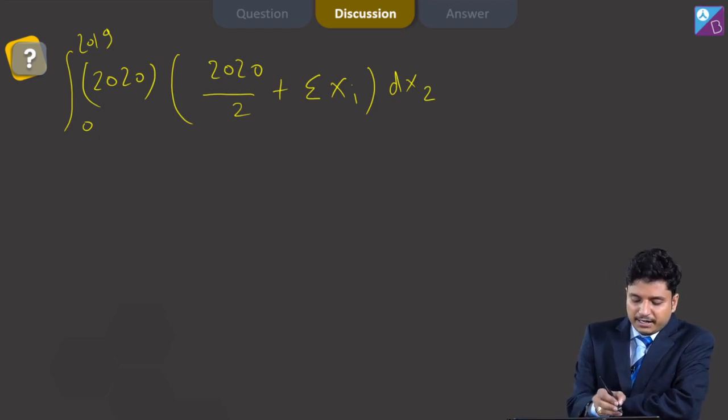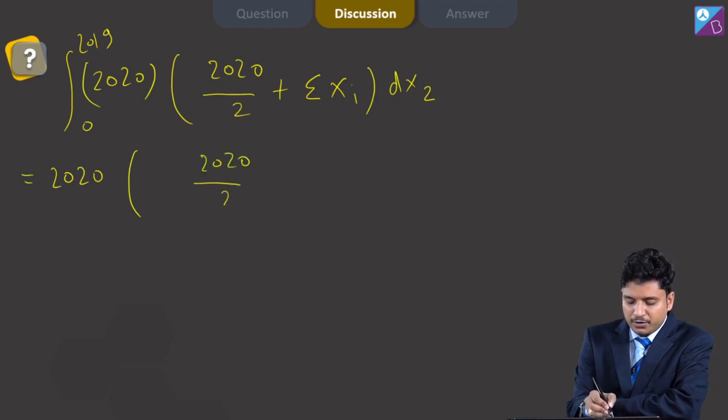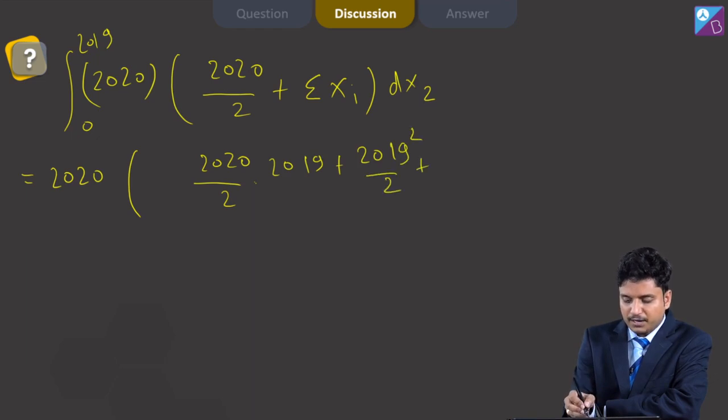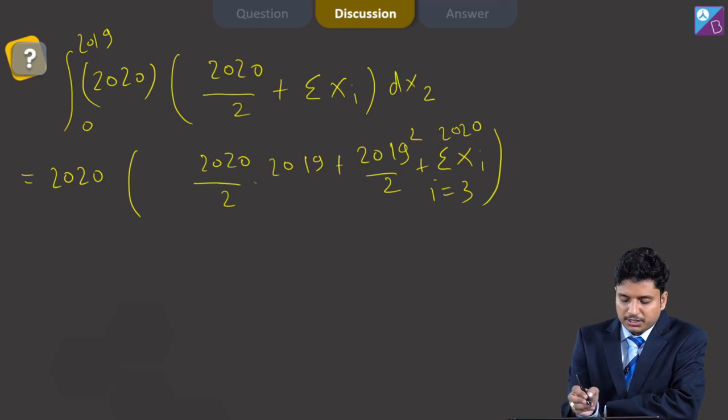Here 2020 is of course a constant term that will be outside. We get 2020 by 2 into 2019, plus x2 square by 2, which is 2019 square by 2, plus the summation over xi, where i now varies from 3 to 2020. Fine. So this is the expression.